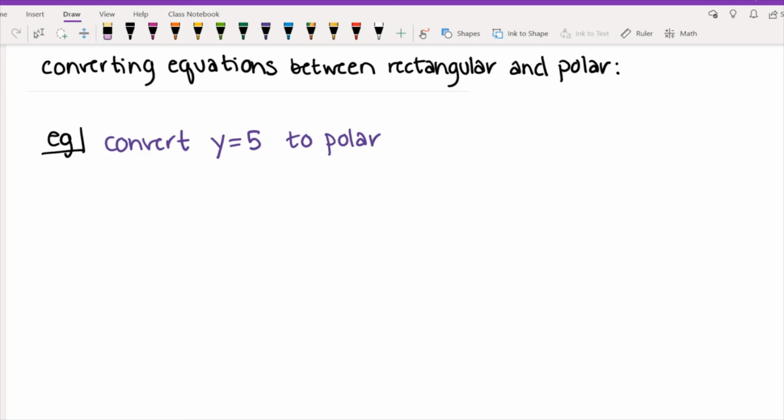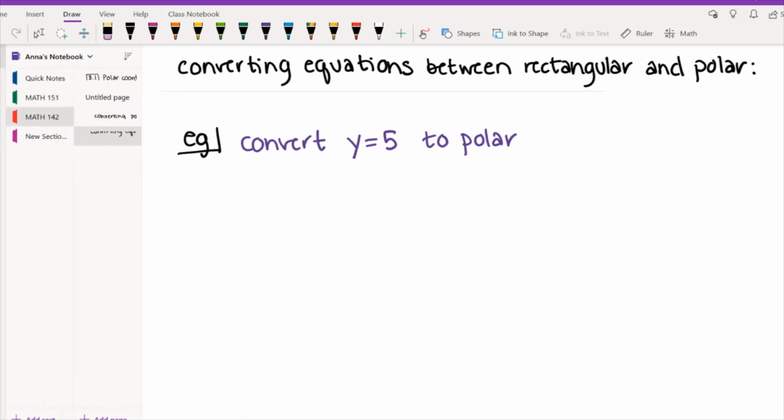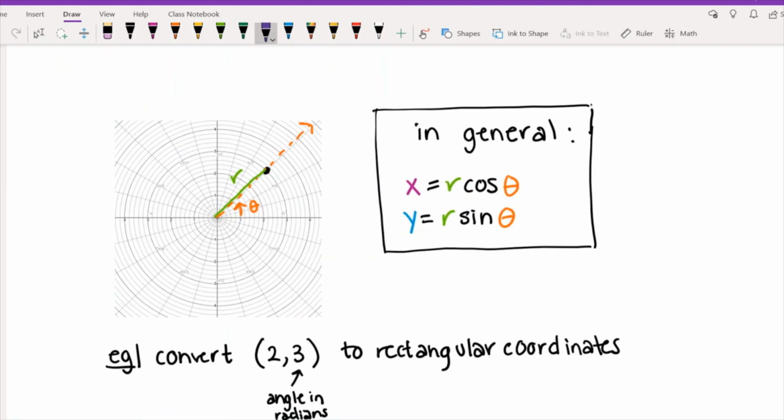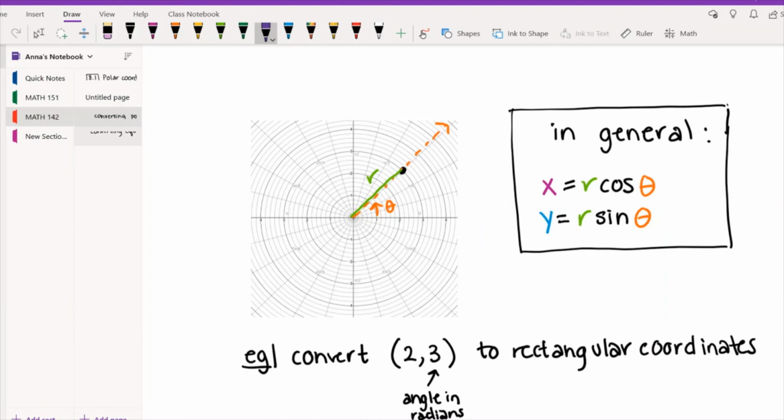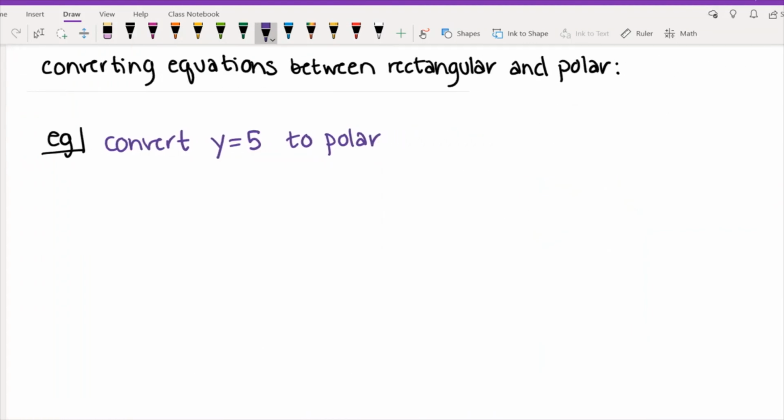Well, we know from the last page that y is equal to r times sine of theta. And so what we're going to do is replace where it says y with r times sine of theta. So if we put that in, we get r times sine of theta is equal to 5.